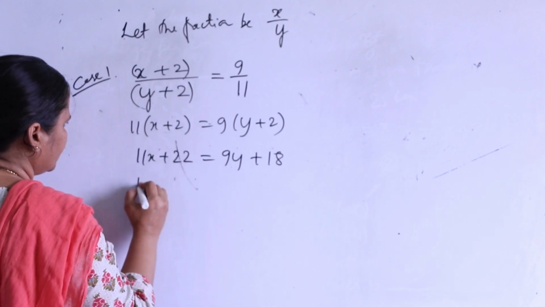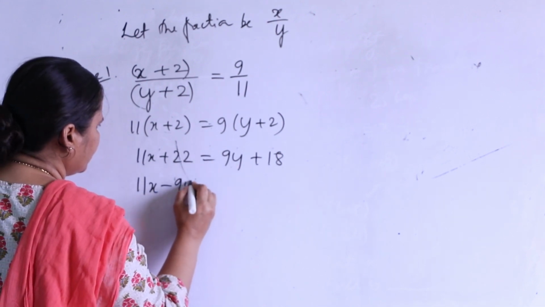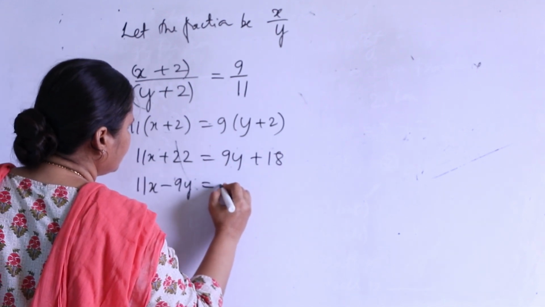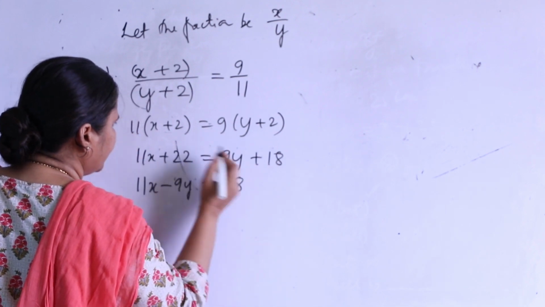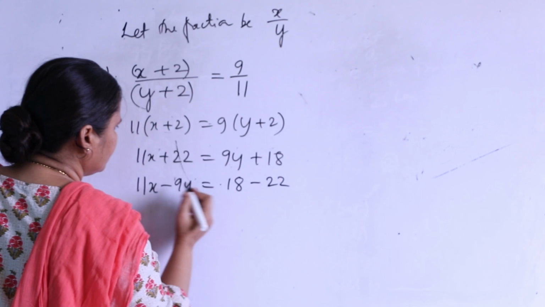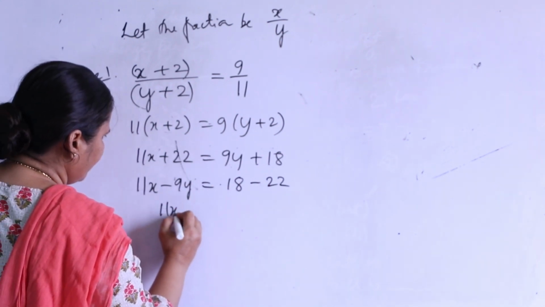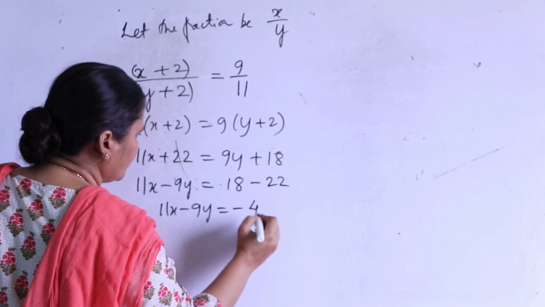So bring the variables to one side. Minus 9y, and bring the constant here. It becomes, which is already there, plus 18. Write that first and then transpose the other side number. So this is 11x minus 9y is equal to minus 4.